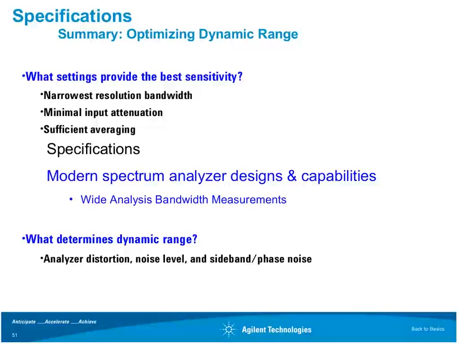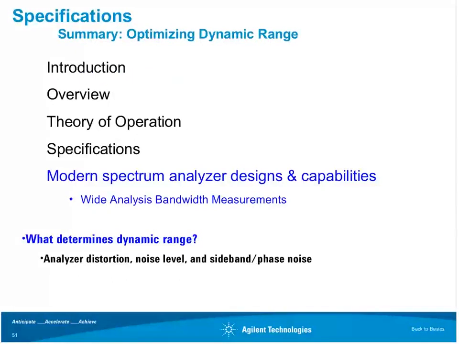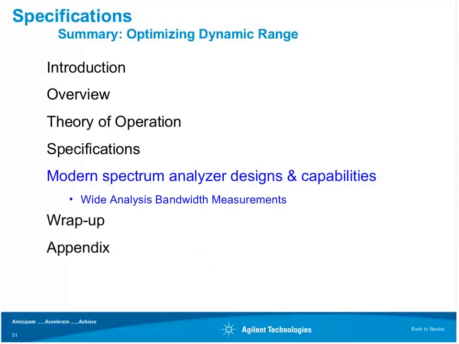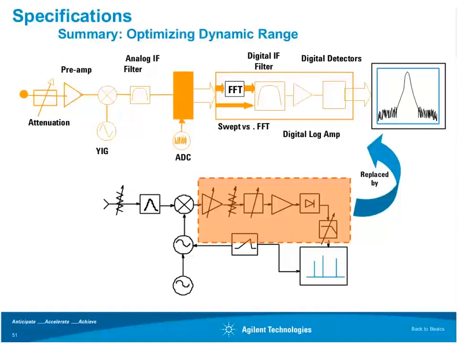All right, so those are some of the classic topics. I'd like to spend a few minutes now looking at some of the modern capabilities that have been introduced in recent years and how those can be very useful for looking at the kinds of signals people are concerned with today.